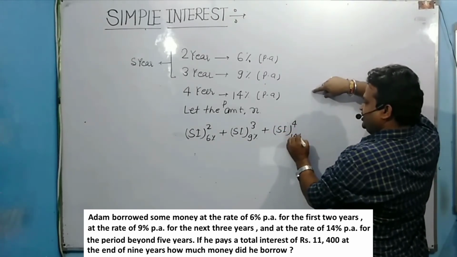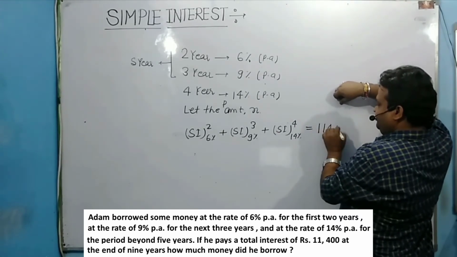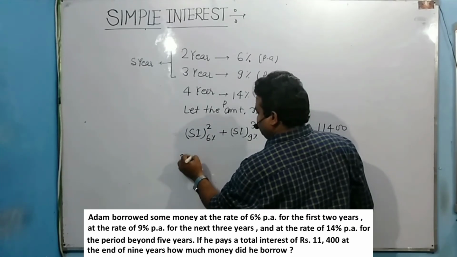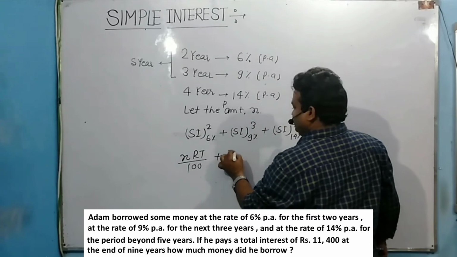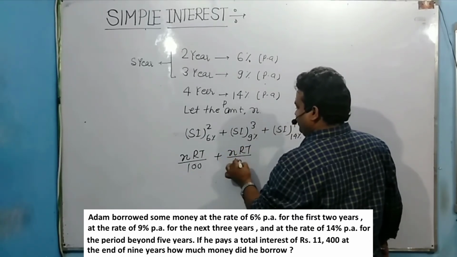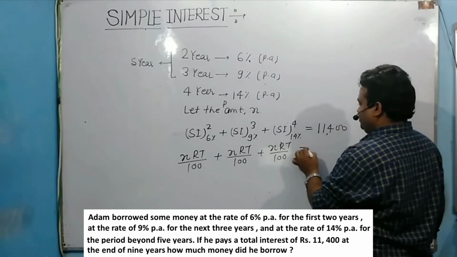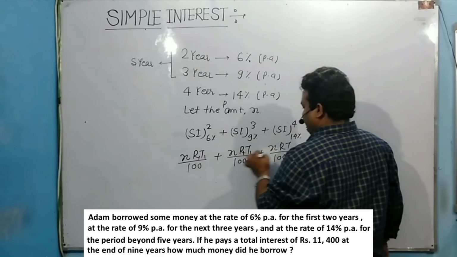The total simple interest which he gave is 11,400. Simple interest formula is what? PRT by 100. So I can write here xRT by 100 plus xRT by 100 plus xRT by 100 is equal to 11,400. Now different R, different T.